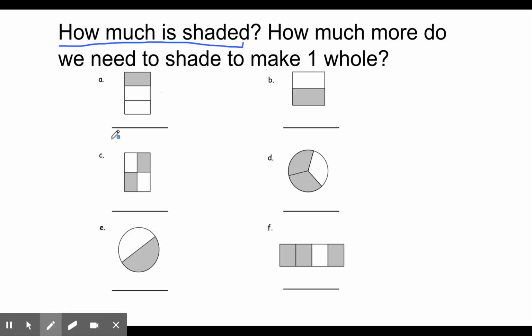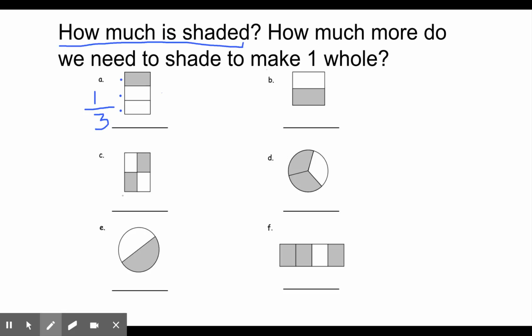First, we need to think about how many parts there are. So in A, there are 3 parts. That goes on the bottom. How many parts are shaded? 1. 1/3 is shaded.